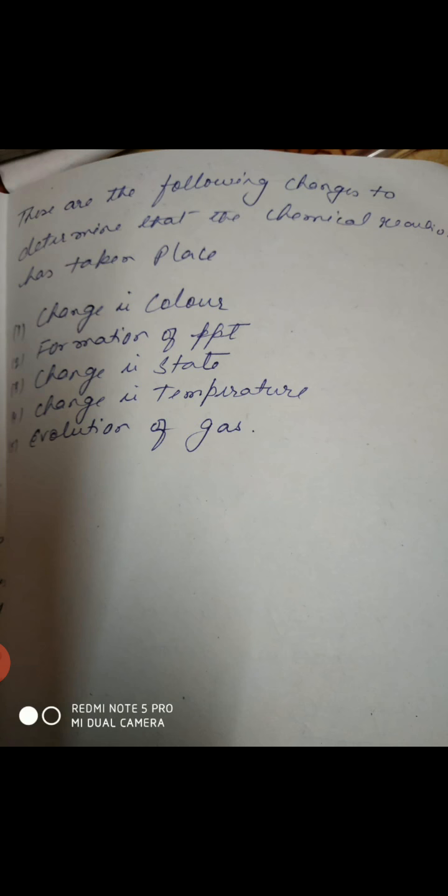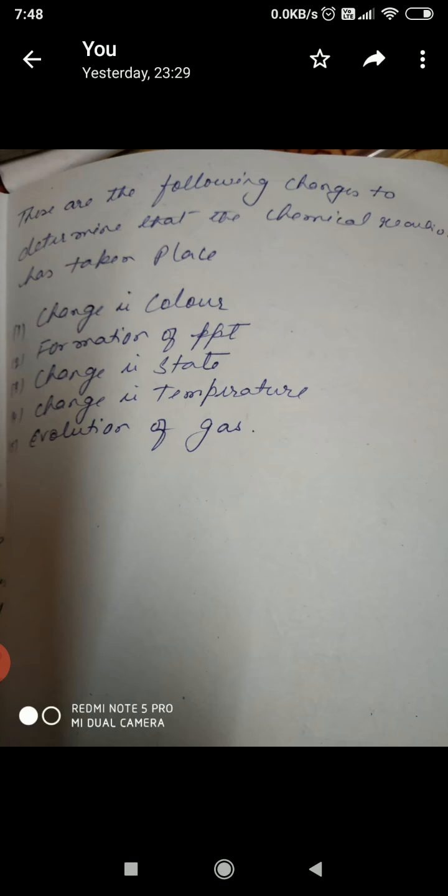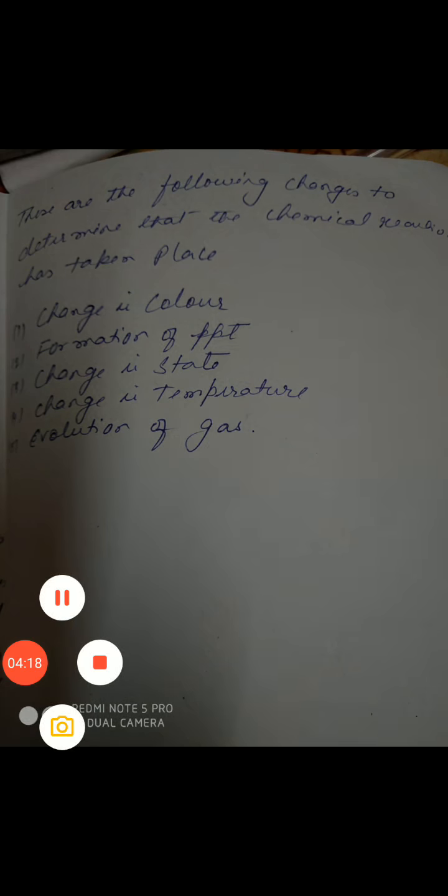There may be change in the temperature: either heat is released or heat is absorbed. And evolution of gas. Sometimes gas is also released, as we have seen in the reaction between zinc and sulfuric acid, where hydrogen gas is released. So these are the different parameters.